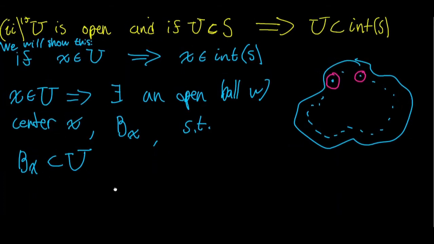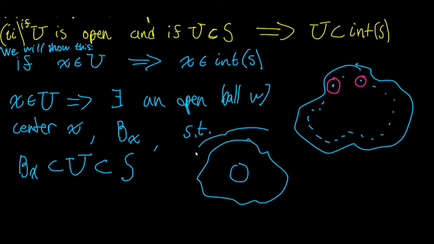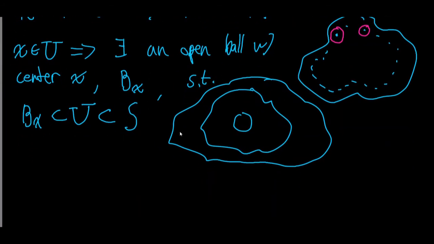Okay, so if BX is contained in U, then look at what this shows. There's another fact that I know about U. Well, U is contained in S. That means, since BX is contained in U, and U is contained in S, so here's my BX, here's U, and then here's S, BX must be contained in S. This is just one possible geometric interpretation for this statement.